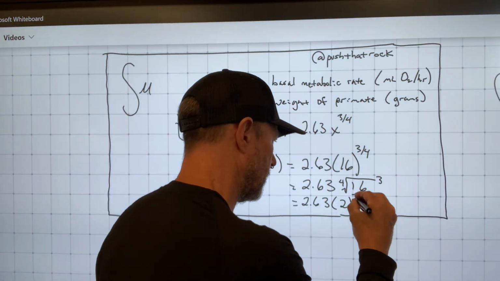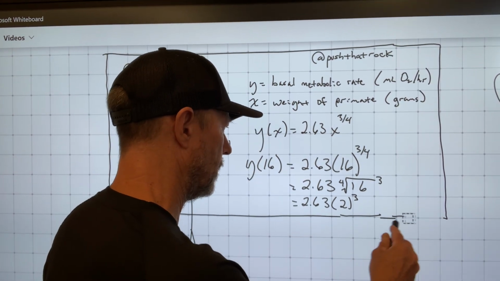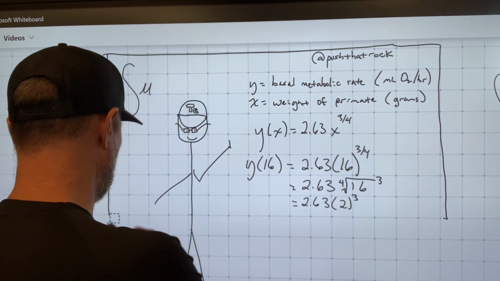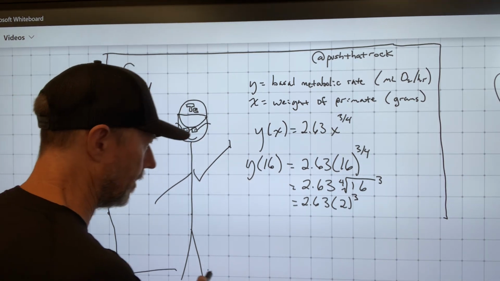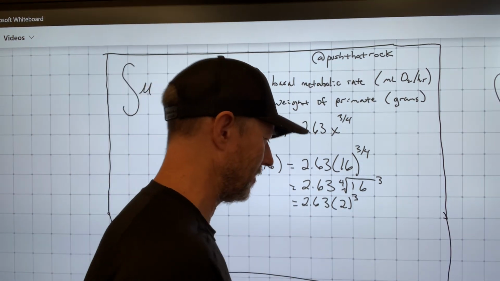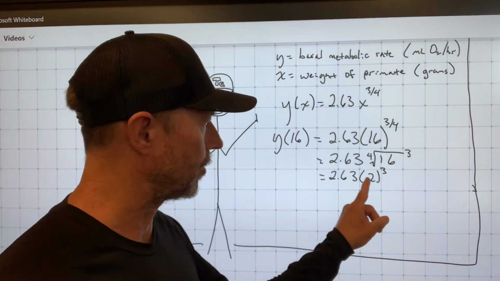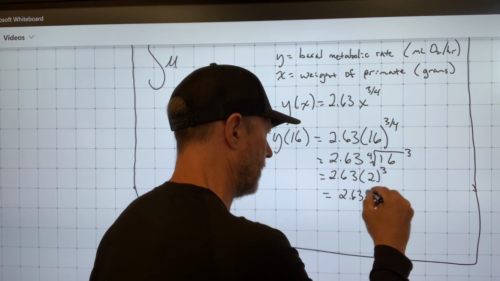And I raise it to the third power. Oh, I need to magically extend my whiteboard. I'll pretend that this whiteboard in this drawing is like my whiteboard that I'm currently using and has an infinite amount of space, because you can just keep scrolling, okay? All right, so 2 to the 3 is 8. So I have 2.63 times 8.